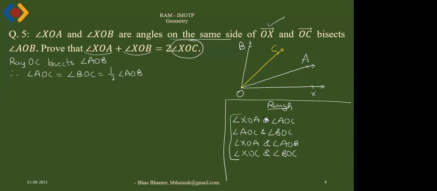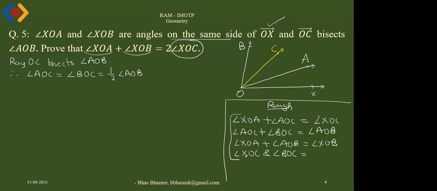For that, XOA plus AOC becomes angle XOC. Angle AOC plus angle BOC form angle AOB. Angle XOA plus angle AOB form angle XOB.